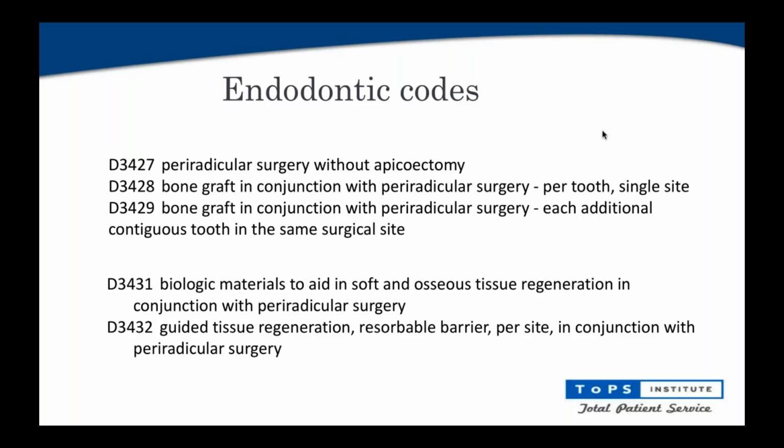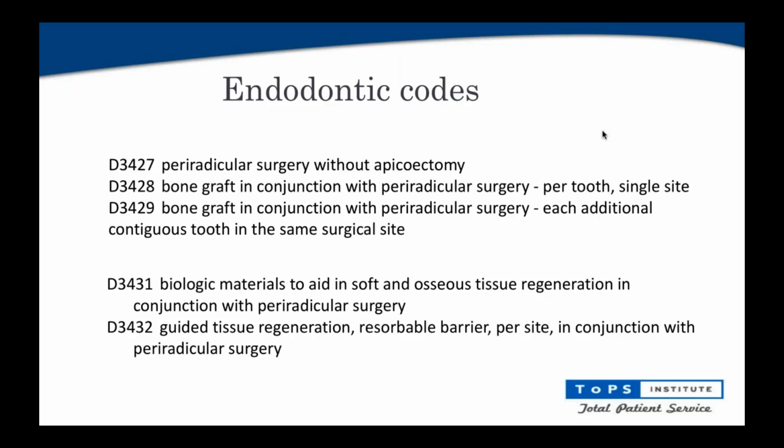There's the 3427, which is surgery without an apicoectomy at the apex of the tooth. There's the 3428, which is bone grafting in conjunction with root tip surgery for a single tooth site. And then there's the 3429, bone grafting for any additional tooth when you're doing any apical restructuring of the bone.